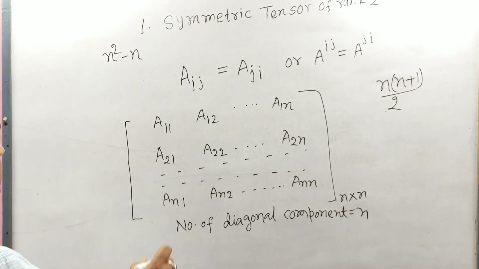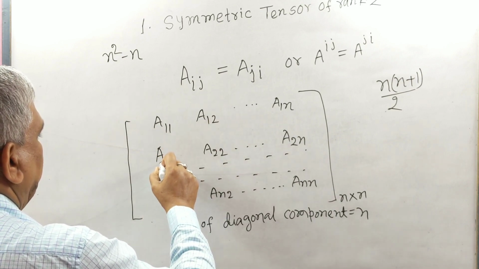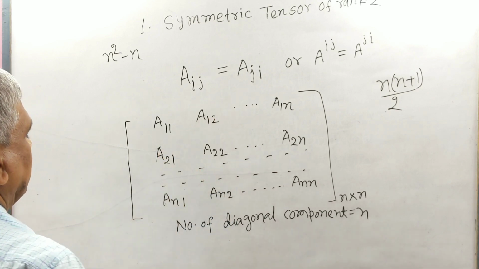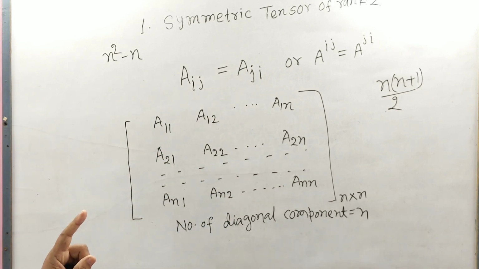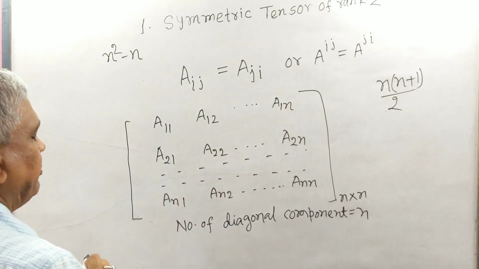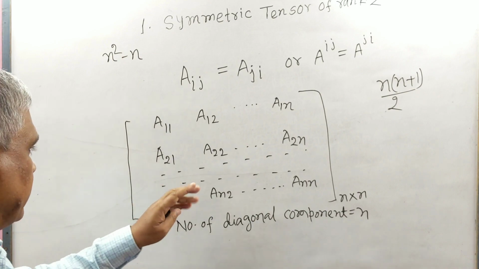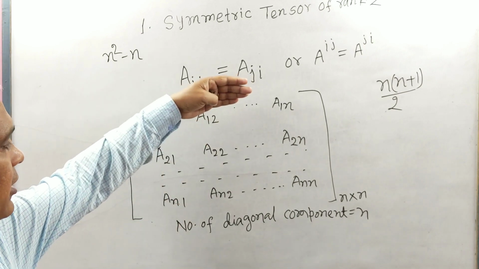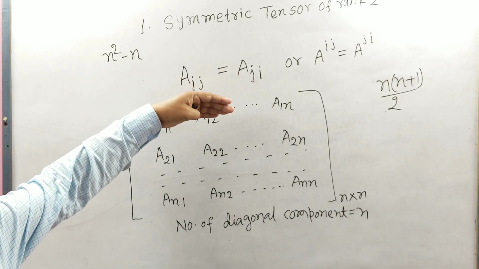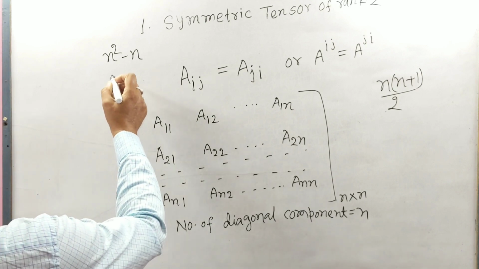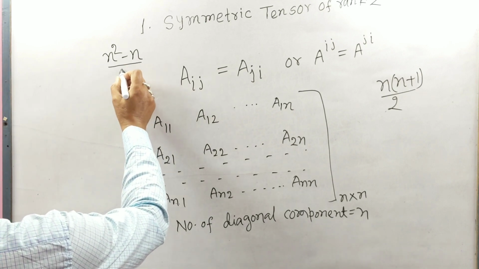That is, for these two components we get only one independent component, because the components below the diagonal are dependent on the components above the diagonal. So the number of independent non-diagonal components equals n square minus n by 2.